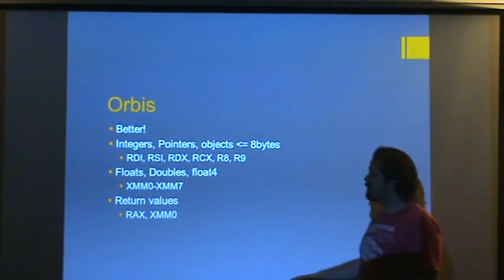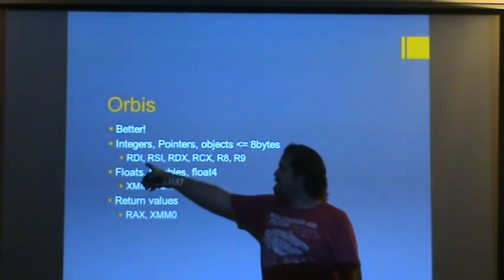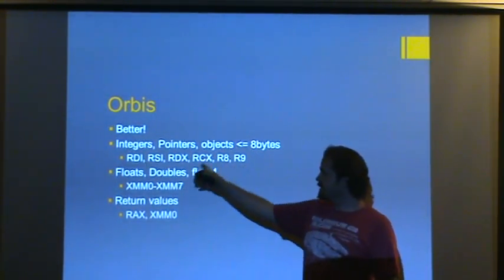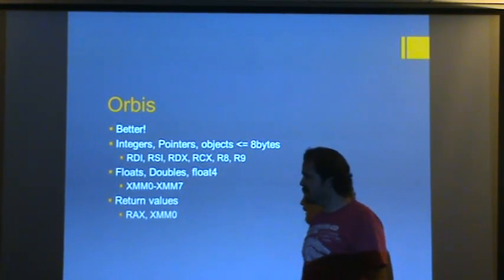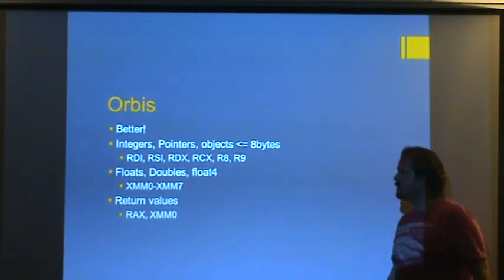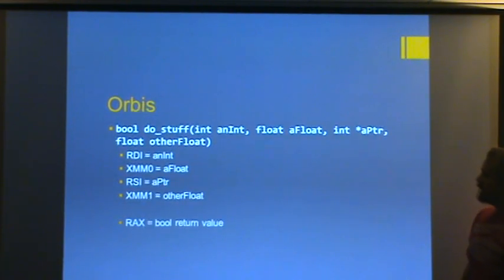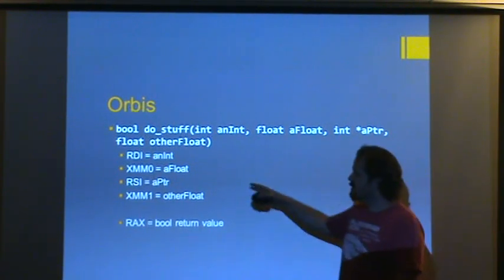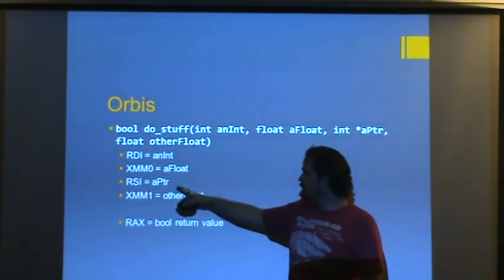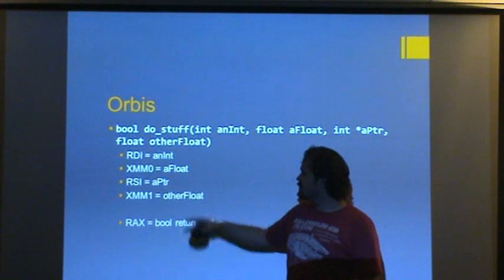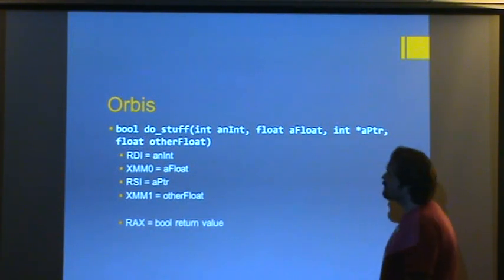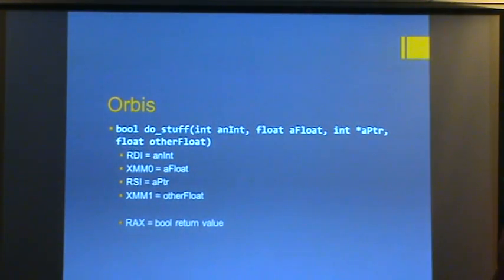In this case, any of the integer arguments in a function will end up in these registers, and any of the floats will end up in these. It doesn't matter what order they come in, it fills them almost like an alligator. So here, the first argument goes into RDI, the second one into XMM0 because it's a float, the third one into RSI, XMM1.